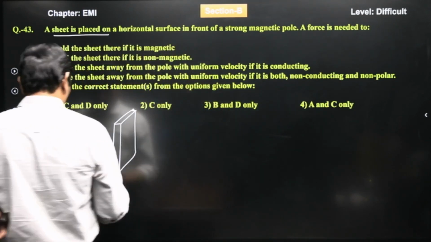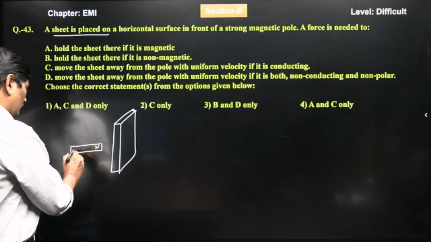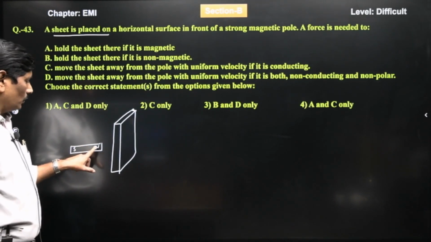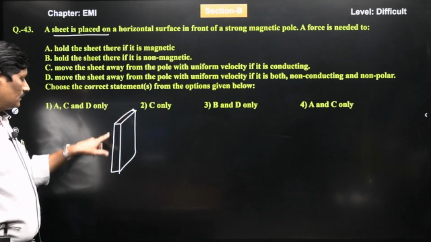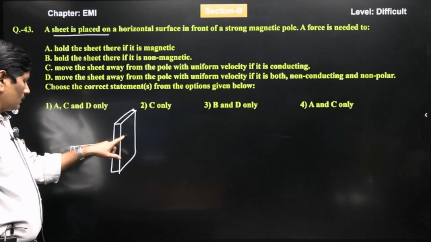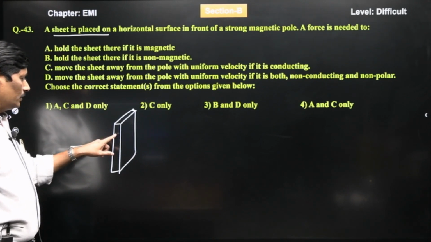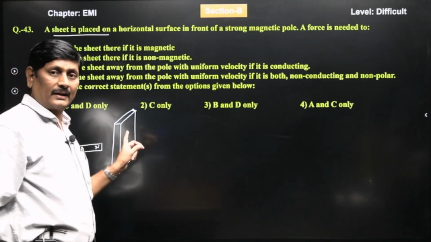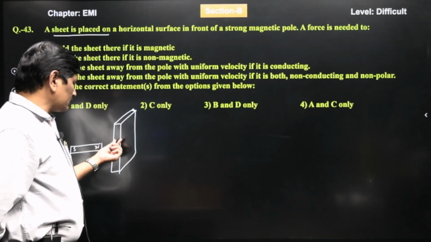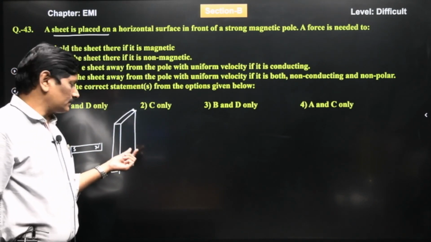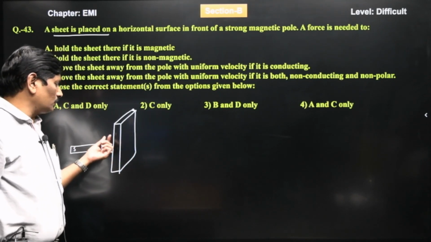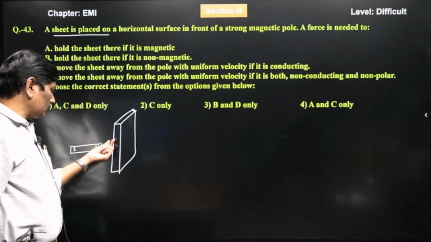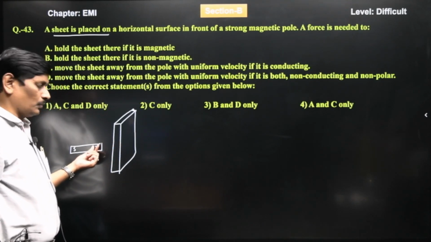When this is a strong magnetic pole, if this is a magnetic material, this north pole can induce magnetism in this sheet. Inducing magnetism means the opposite pole is developed on the side nearer to this inducing pole.